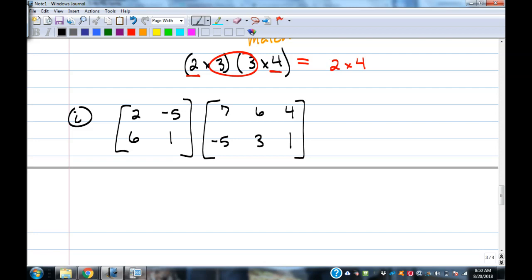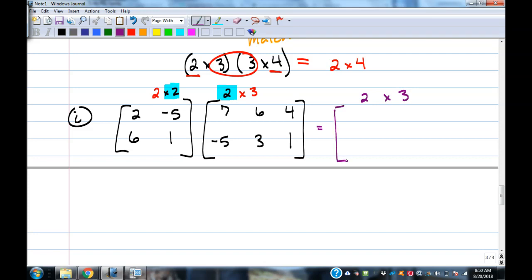What size is the left matrix? 2 by 2. What size is the right matrix? 2 by 3. Do they match? Yes. So can we do that multiplication? What size will our answer be? A 2 by 3.